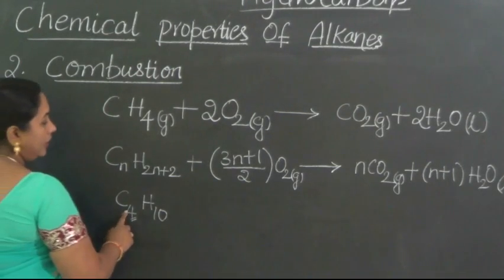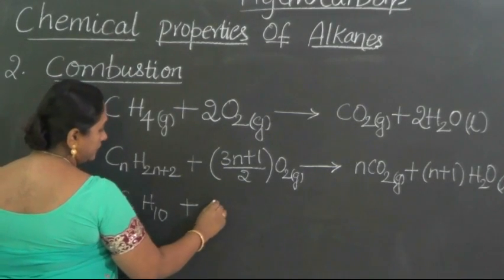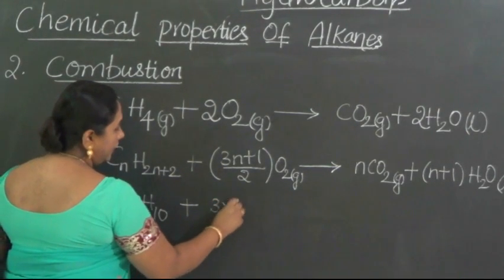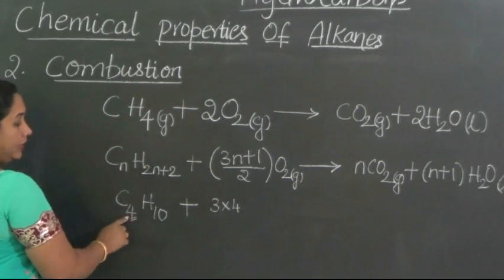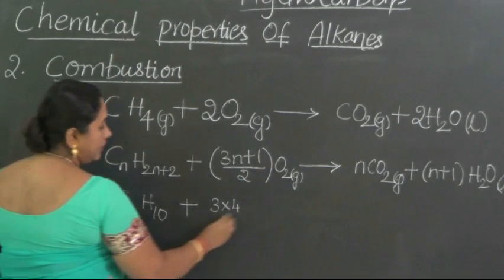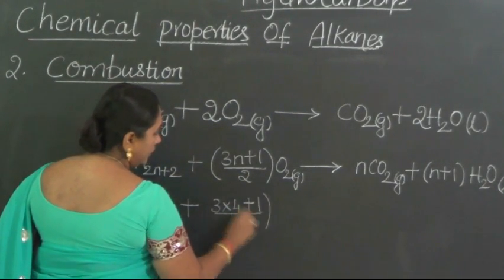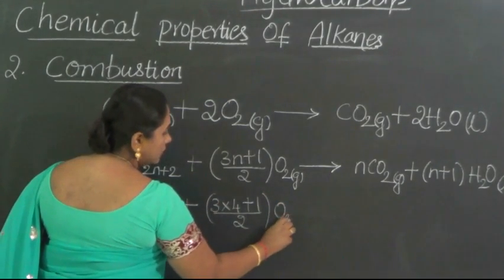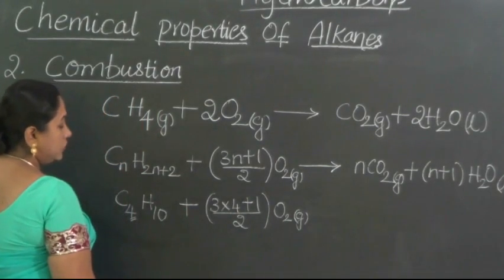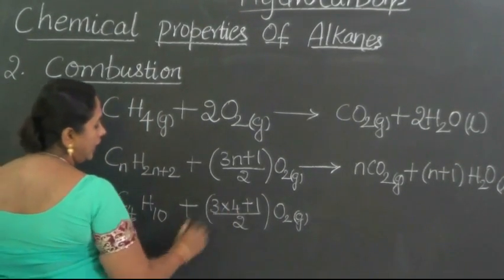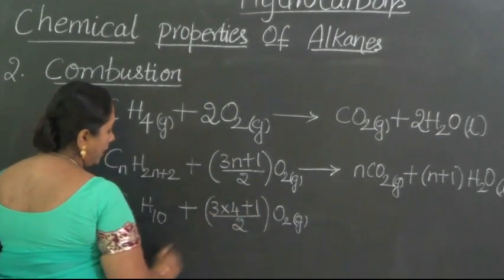So when we apply that in this formula, 3 into 4, because n is to be replaced by 4. n indicates the number of carbon atoms, plus 1 divided by 2, that many number of oxygen molecules or dioxygen gas to be considered. So how much would that be? 3 4s are 12 plus 1, 13, so 13 by 2.